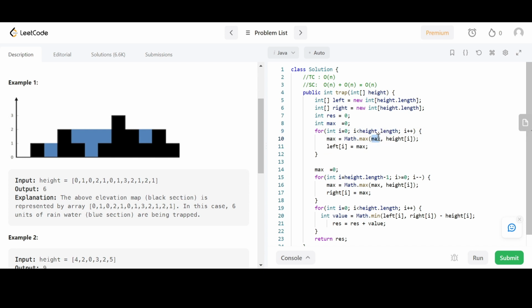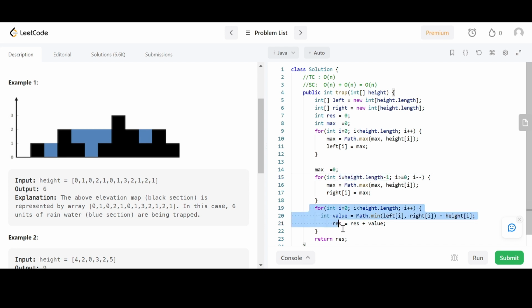We will take the maximum of the maximum till that index and the height of that current index, and we will update the max, and we will take that max as the left of that current index. And similarly we will update the right array for each index, but we will start from the last index till 0.